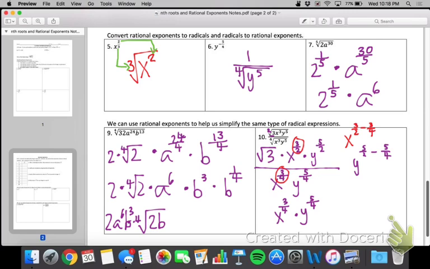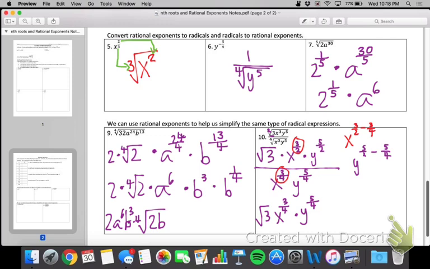So the fact that these came out to the number in the denominator was just coincidence. My square root of 3 is still hanging out front. And notice I don't have anything left in the denominator because when I subtracted these exponents, I still got positive exponents. So everything in the denominator is now simplified away.